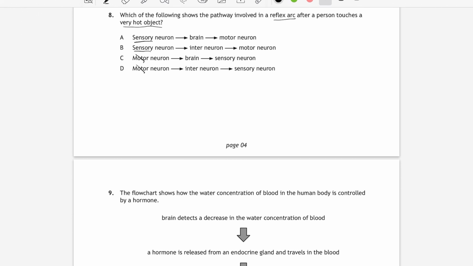So I've narrowed it down, it's going to be either A or B. Now, we've got a sensory neuron, it goes to the interneuron and a motor neuron. It does not go to the brain. It could potentially run through the spinal cord, but it is an interneuron, and a motor neuron. And the motor neuron comes last because that's what carries out the effect, and that's going to be B.